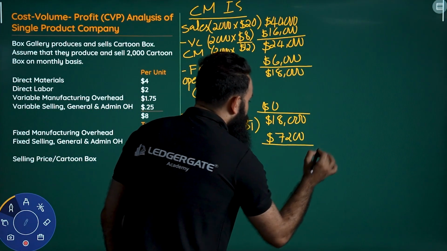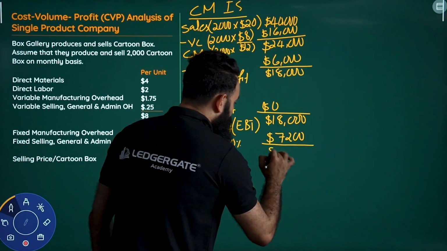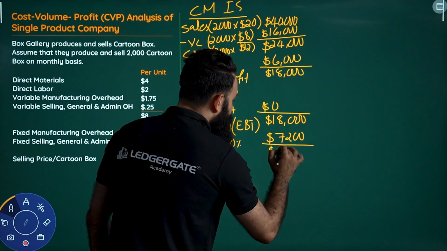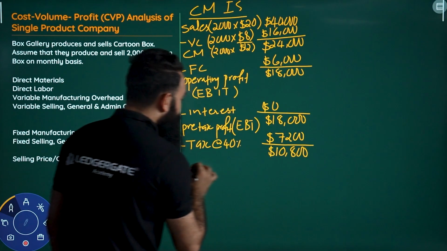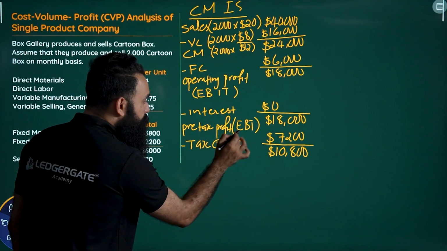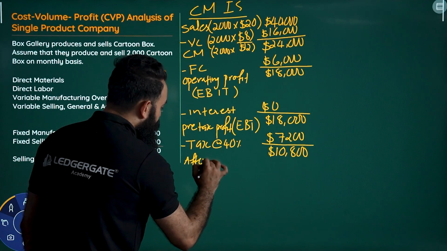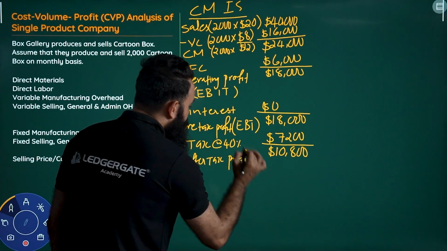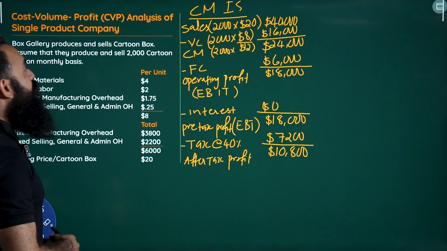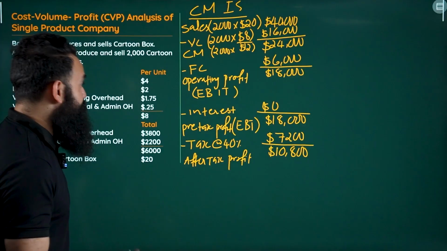So when we deduct 7,200 from $18,000, our after-tax profit will be $10,800. This is pre-tax profit, and this is after-tax profit. This is how we prepare a contribution margin income statement, as we have already discussed.